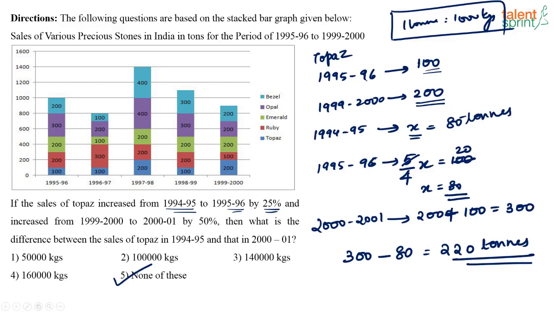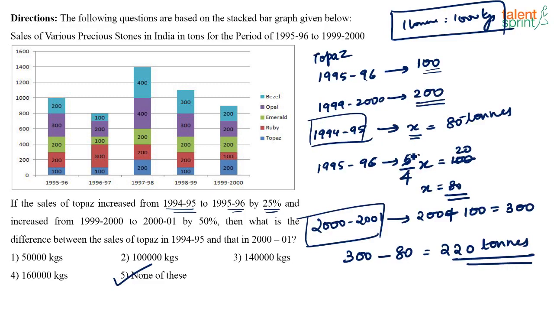Similarly they have given in 1999-2000 200 tons of topaz is sold, and 50% increase is happening in 2000-2001. So in 2000-2001 how many tons is being sold? 200 plus 100, or 300 tons is being sold. And now what is the difference between the tons of topaz sold in year 2000-2001 and 94-95? Find out the difference. 220 tons, which is nothing but 220 into 10 cube.